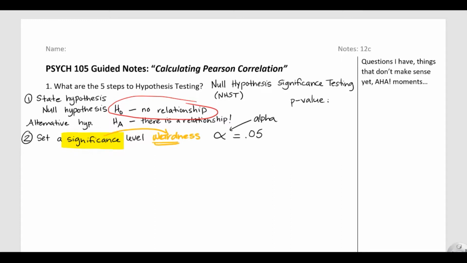Generally, what the p-value stands for is the probability of getting our particular result in our sample, so of seeing the thing in our data, essentially the probability of getting the result that we see in our sample if the null hypothesis is actually true.